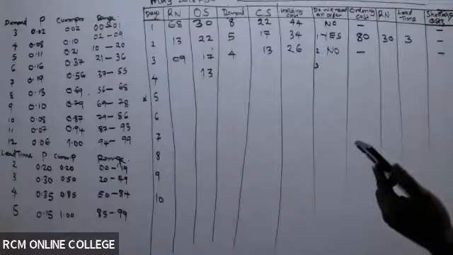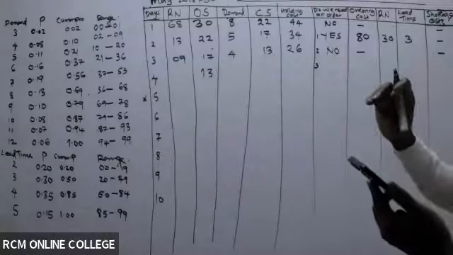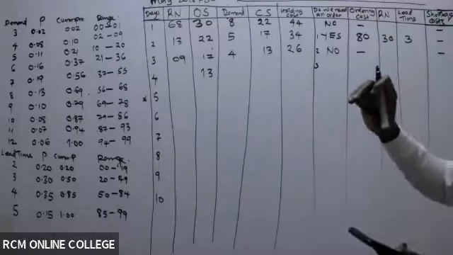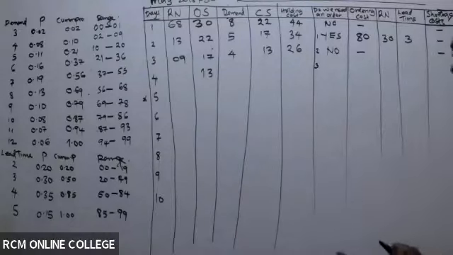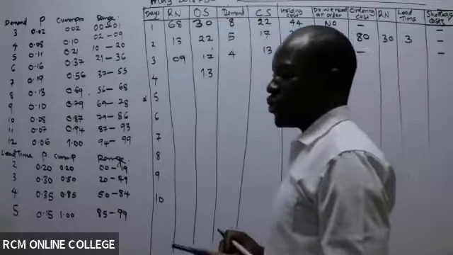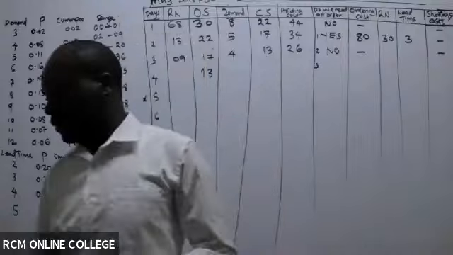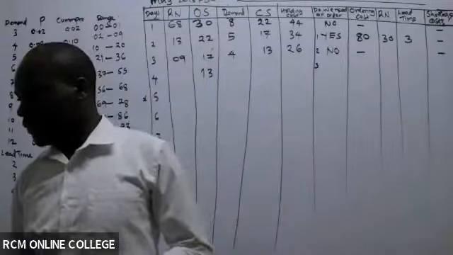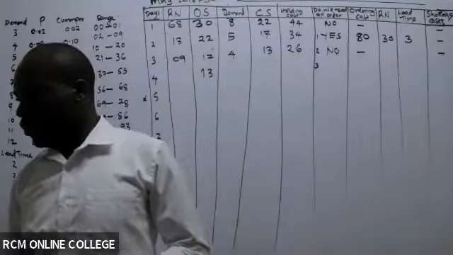Additional information number 3. The reorder quantity is 40 units. Have you been able to see it?